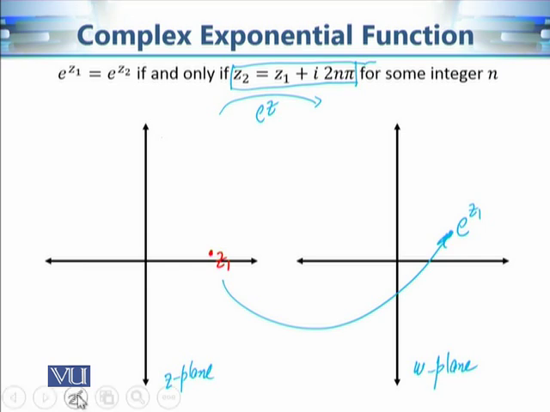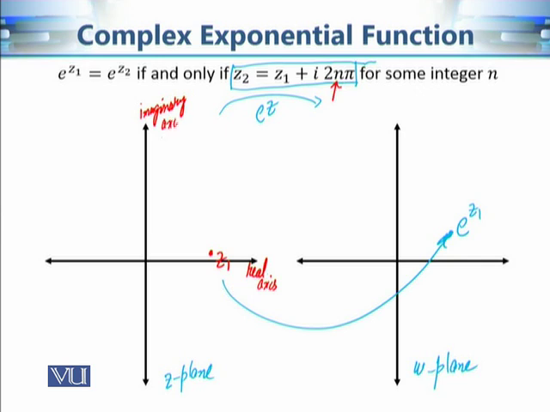Now what does this information mean? Remember the real parts of z1 and z2 are equal. So there is no difference between the real parts of z1 and z2. The only difference is that their imaginary parts differ by this number 2nπ. So now we know that this is the real axis and this is the imaginary axis.